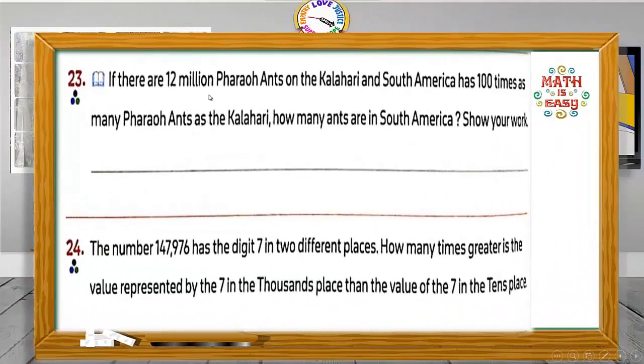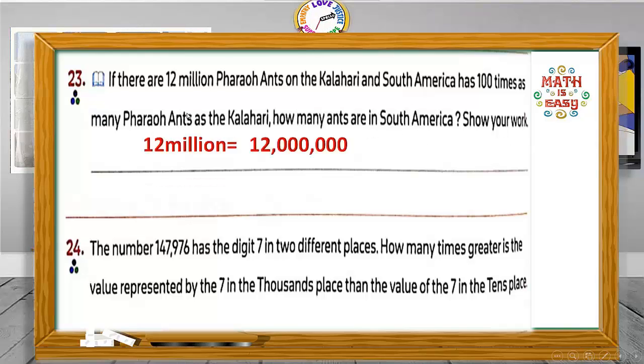If there are 12 million Pharaoh ants in the Kalahari and South America has 100 times as many Pharaoh ants as the Kalahari, how many ants are in South America? Show your answer. If you write 12 million in standard form like this, he tells you here 100 times.